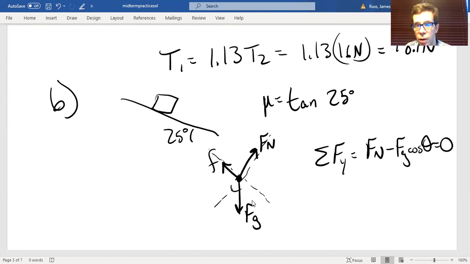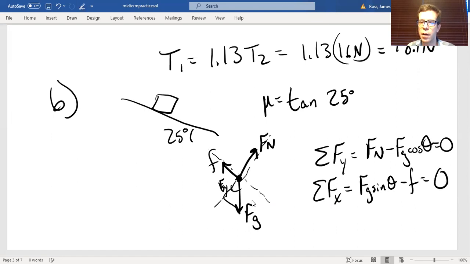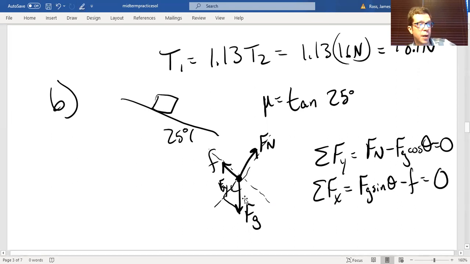This is one of those cases where the trig is confusing because you get the cosine in the y. If you just do it looking at the triangles, it makes sense because the y component here is the adjacent side to the angle. In the x direction, we get Fg sine theta minus the friction is equal to 0, right? Because it's sitting stationary on the ramp.